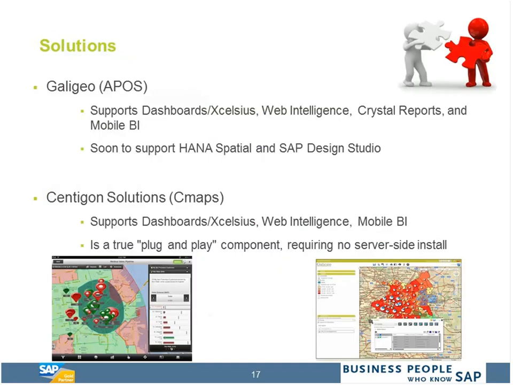So what are the solutions? Here I have 2 listed solutions, GALAGEO and Syntagon Solutions. Their solution is CMaps. There are other solutions out there, but I want to focus on these 2 as they're some of the largest ones. I'm going to try not to go into details about each one of them, nor compare them.